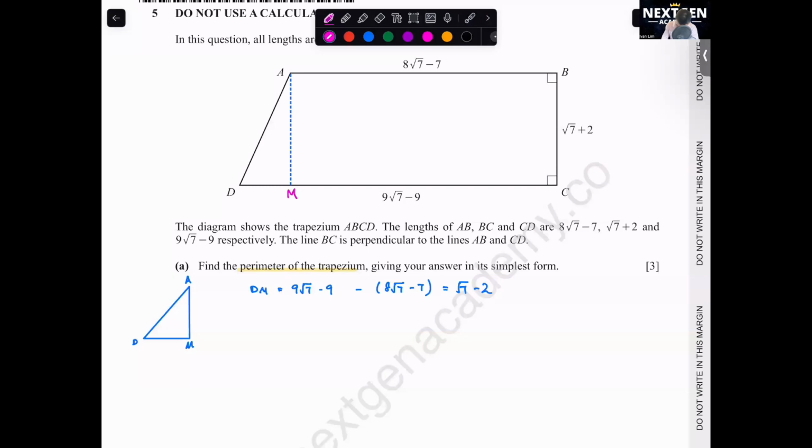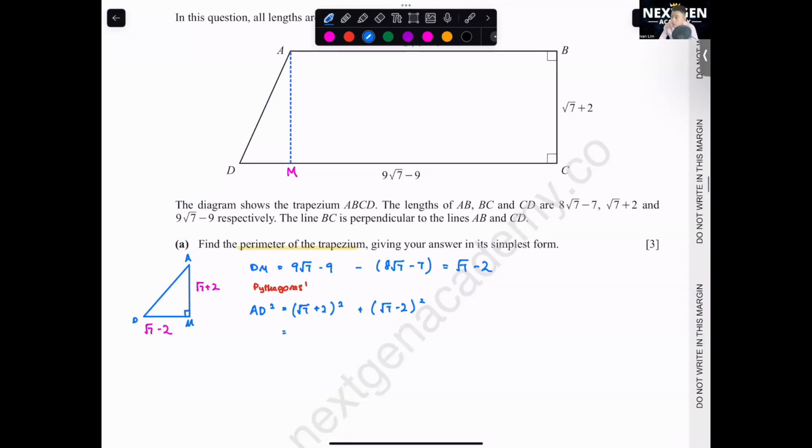So this will be root 7 minus 2. Okay, I know that here is root 7 plus 2. So this is a right angle triangle, I can use our good friend, Mr. Pythagoras. So we're going to use AD squared is equals to (root 7 plus 2) squared plus (root 7 minus 2) squared. Okay, going to solve for this here.